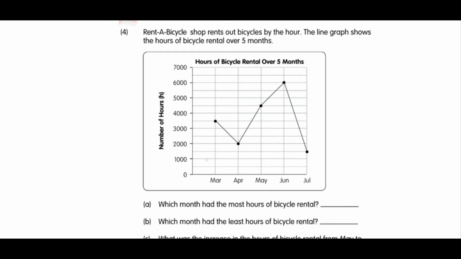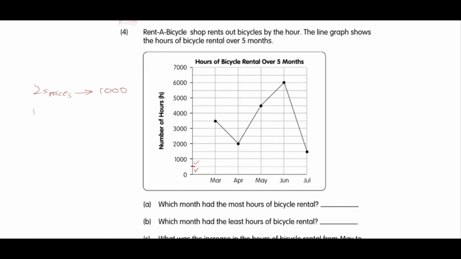Let's look at this line graph. What is the value of one space? We can see that from 0 to 1,000 there is 2 spaces. So these 2 spaces represents a value of 1,000.